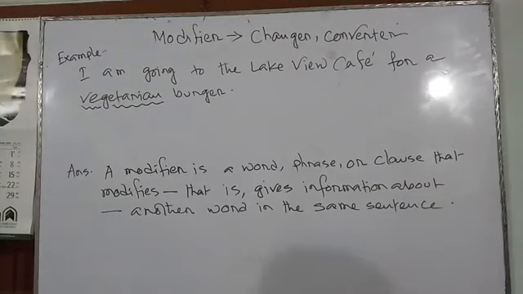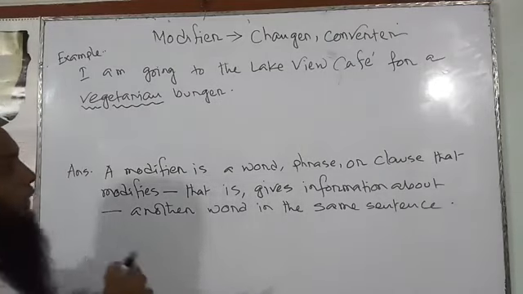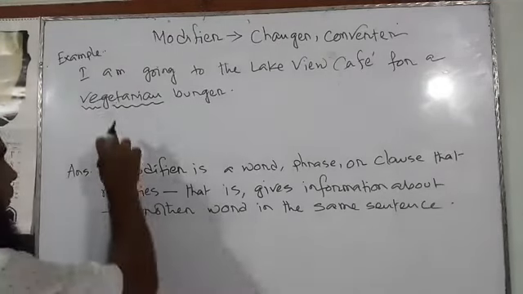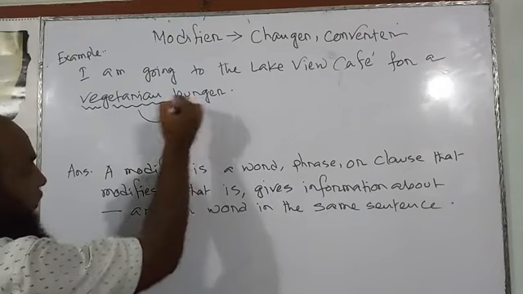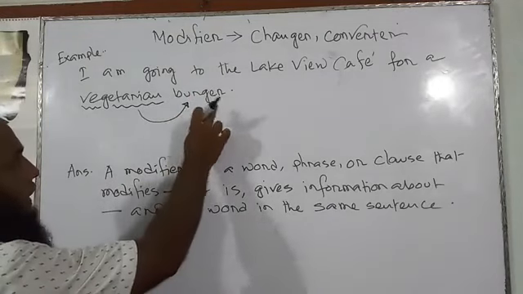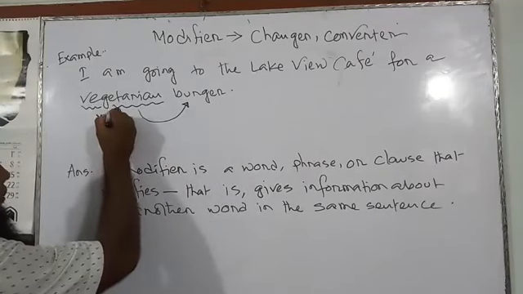That means the modifier vegetarian gives extra information about what kind of burger it is. Okay, now you see it is a modifier.